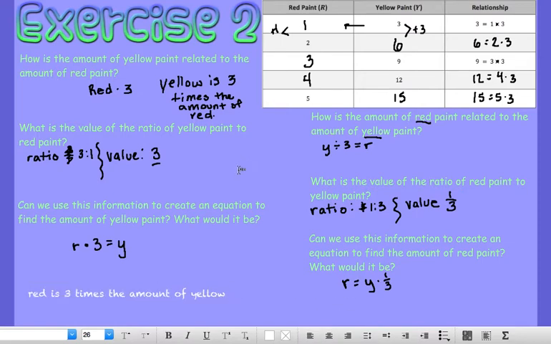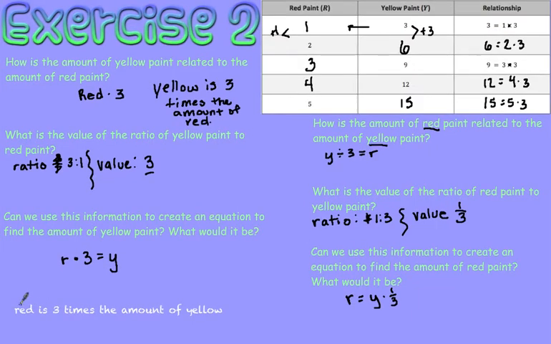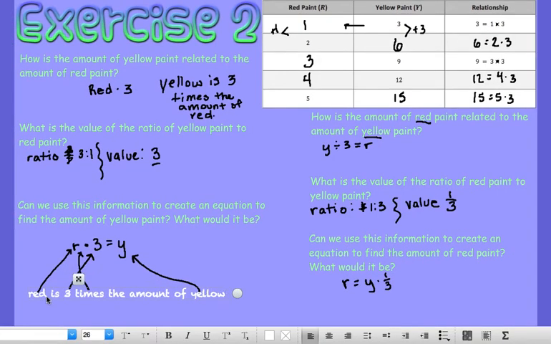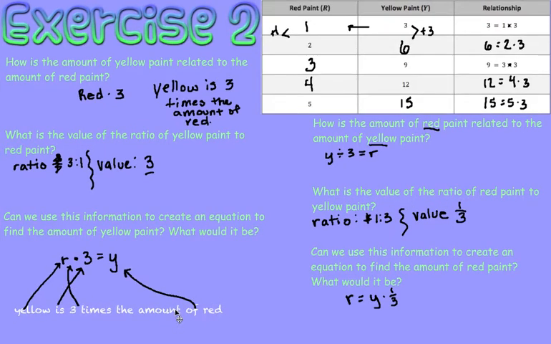Then to turn that into a multiplication problem, we took red and made it into a variable, 3 times, and that gives us our yellow. You know what? I said that backwards. Yellow is 3 times our amount of red. I apologize. You can tell I've got a little bit of a cold going here, so I get a little mixed up from time to time.